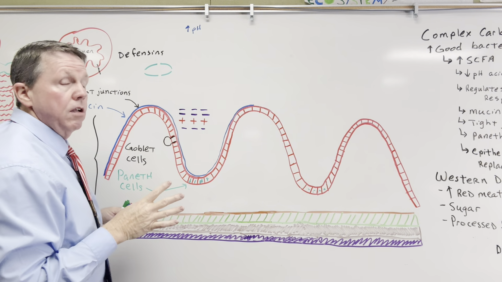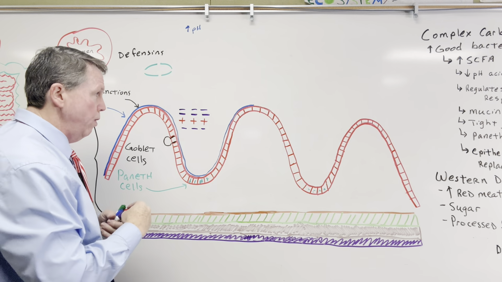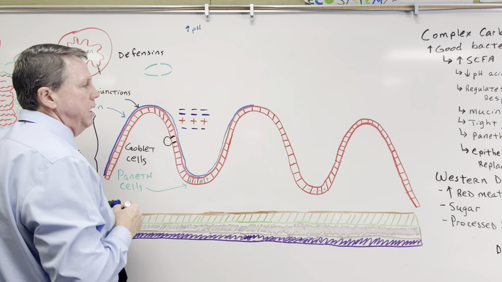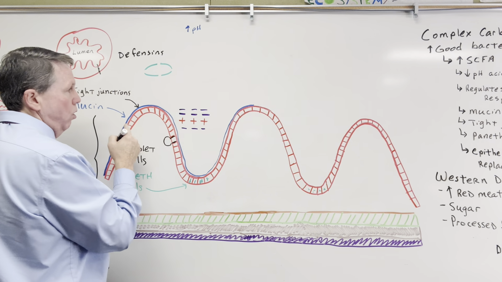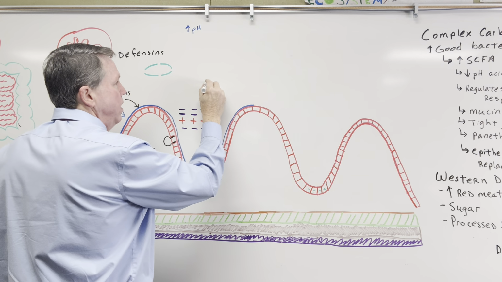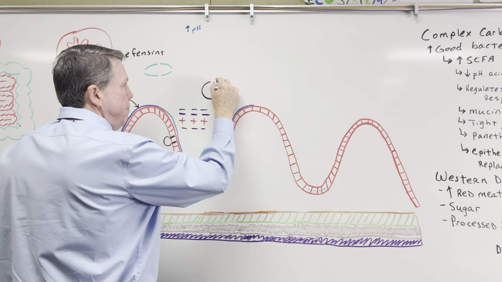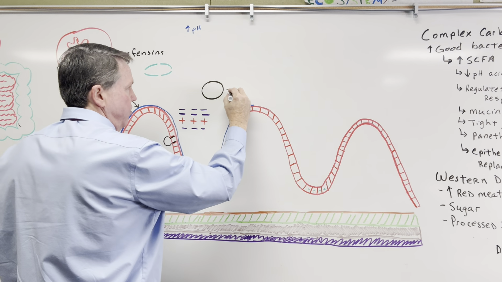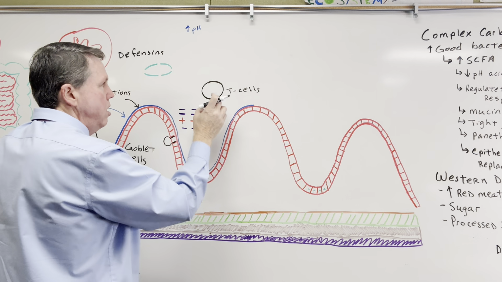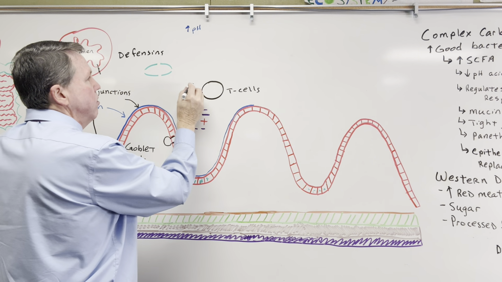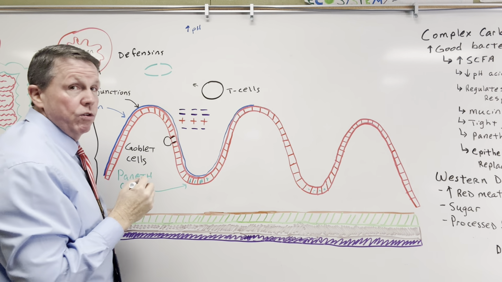It's also that we can no longer regulate the immune response. So normally, when we start to get bad bacteria, the short chain fatty acids will actually bring white blood cells, such as T cells, macrophages, or dendritic cells, to the area. And these are going to release something called cytokines, which cause inflammation.